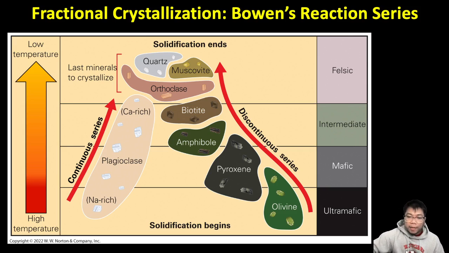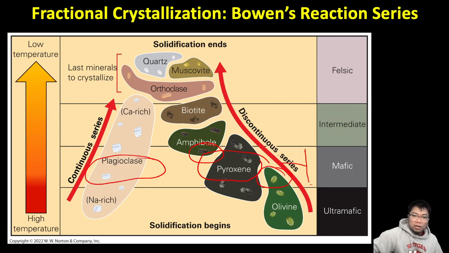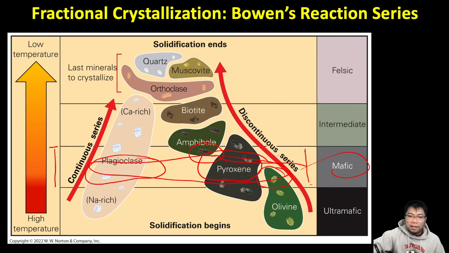So for example, if I have a type of rock that I know consists of a little bit of olivine and mostly pyroxene and maybe a little bit of amphibole too, and a lot of plagioclase, I know that, based on this mineral assemblage, these rocks would be mafic rocks, and I can predict that these mafic rocks may form at these temperatures right there.